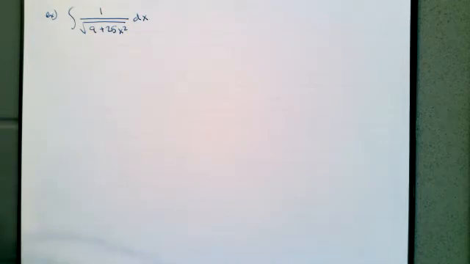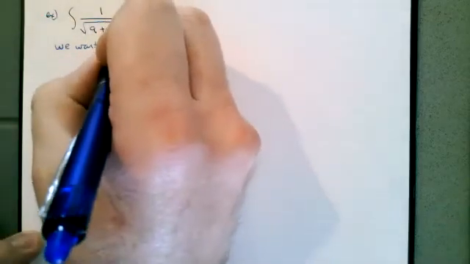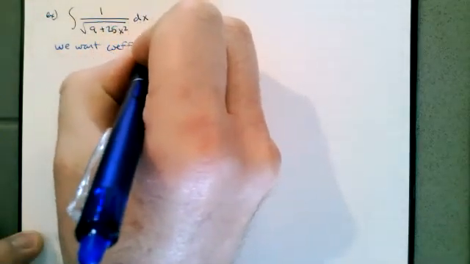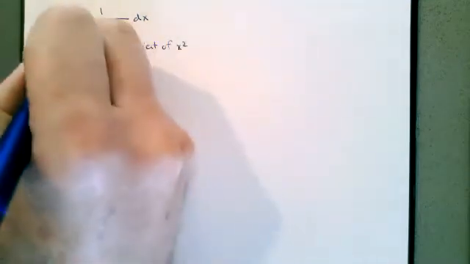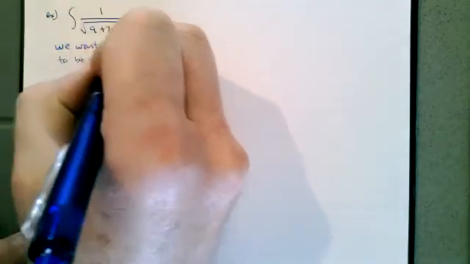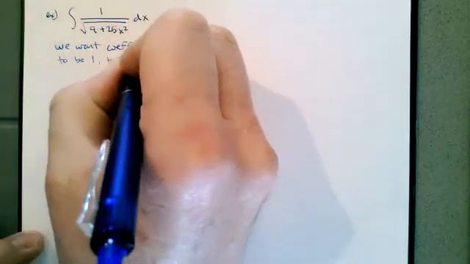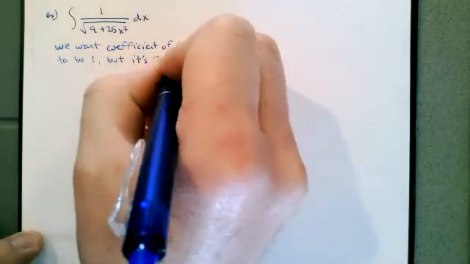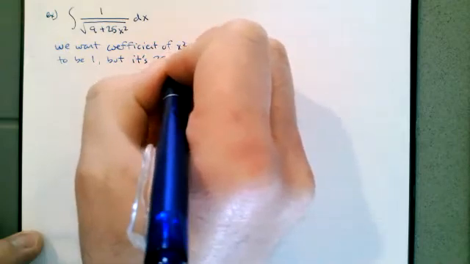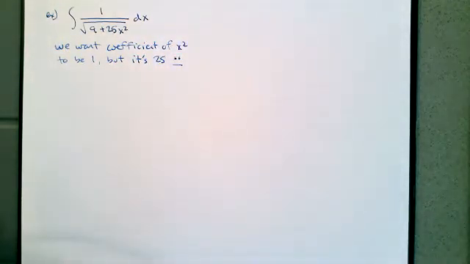We notice there's a coefficient on the x squared, and we want a coefficient of 1, but it's 25. So we make it 1.